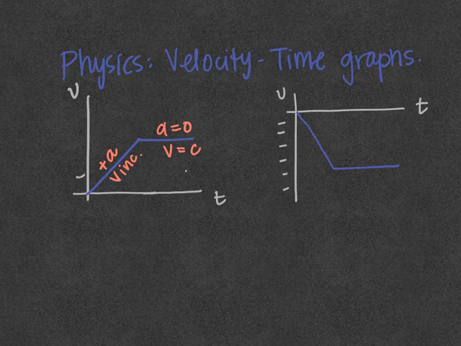So over here, we were moving in the positive direction, and so our positive acceleration gave us an increase in our velocity. Now this slope here is negative. So I need to take that into account. So this is a negative acceleration.